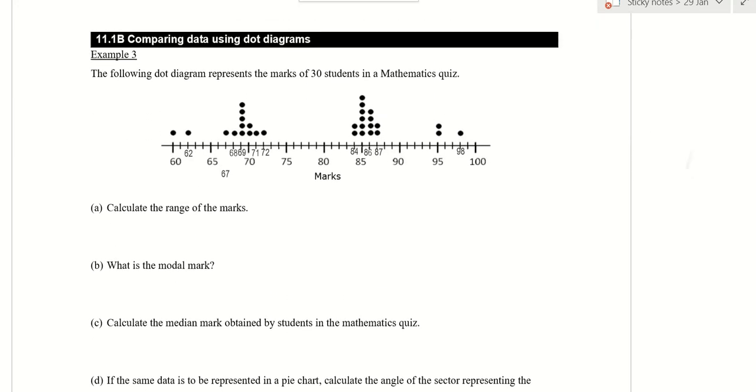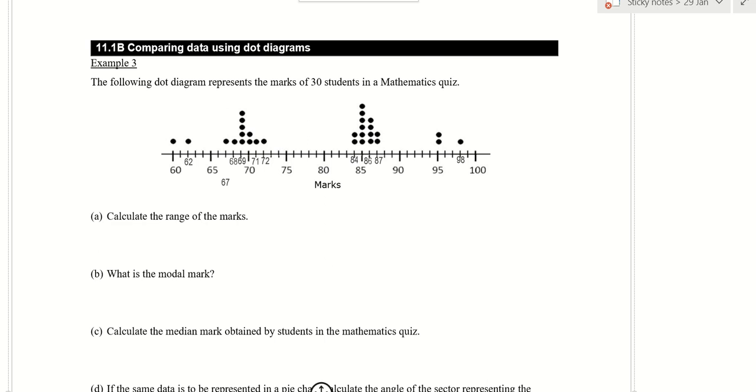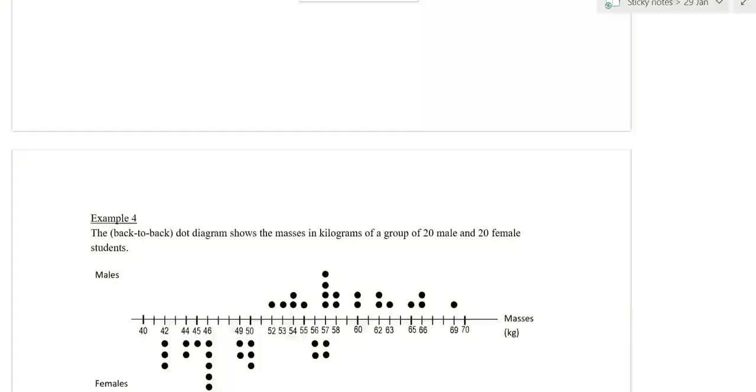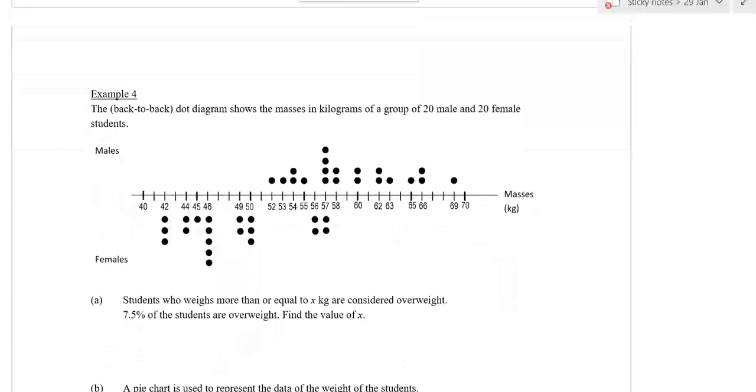Okay, so now your work to complete example number 3. So everything we have done before already. Example number 4, we have a case of back-to-back dot diagram.